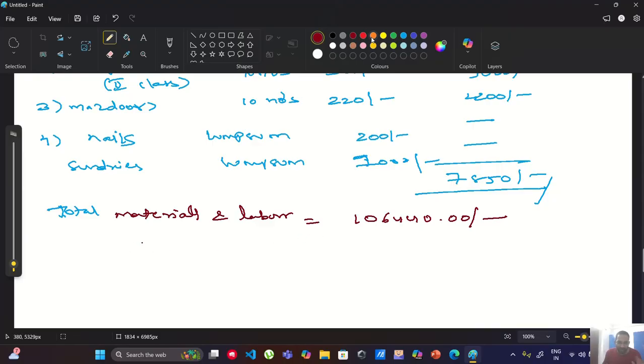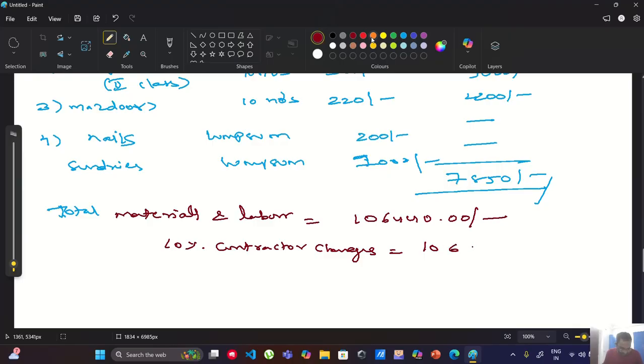After this we have to add 10% for contractor charges. Am I right? 10% for contractor charges. In the previous problem also I already explained.